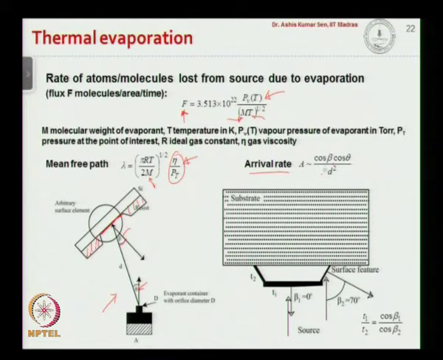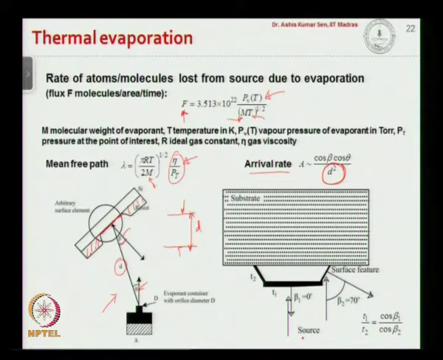So the arrival rate is proportional to cos beta and cos theta, and inversely proportional to the square of the distance between the source and the substrate. Imagine if they are facing each other, parallel, then beta and theta will be 0, so the arrival rate will be inversely proportional to the square of the separation distance.